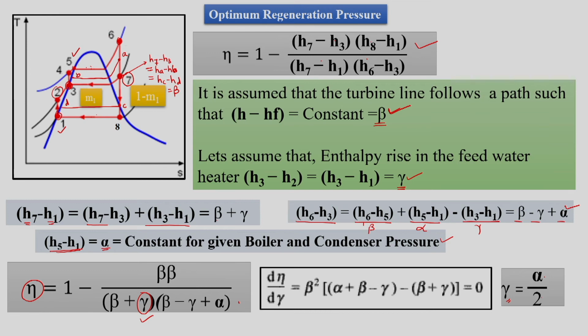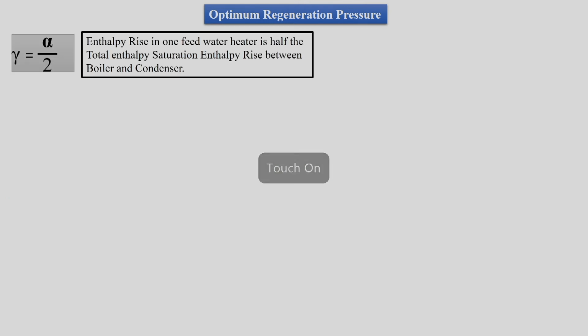So, gamma equal to alpha by 2 means the enthalpy rise in one feed water heater is half the total enthalpy rise which takes place between boiler and condenser.